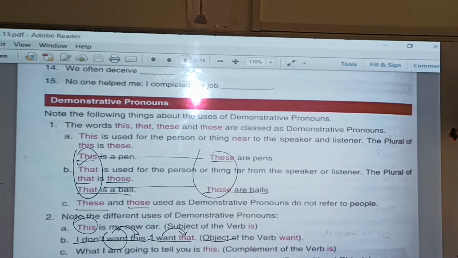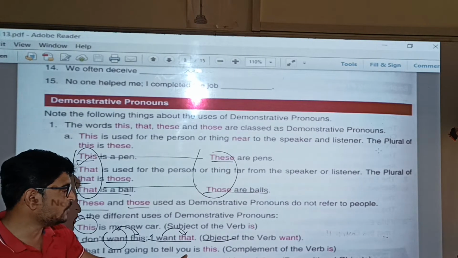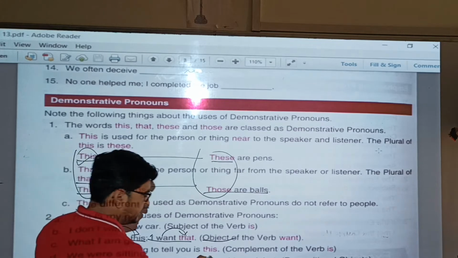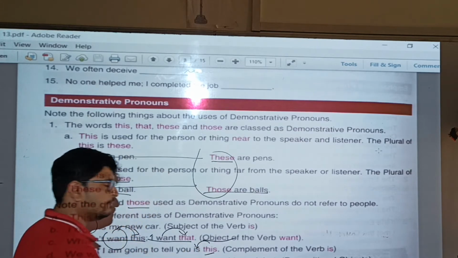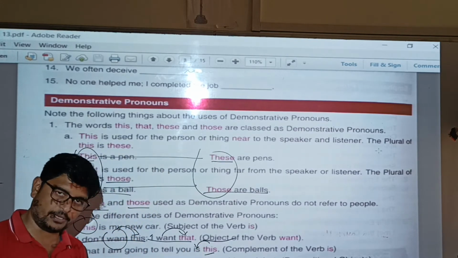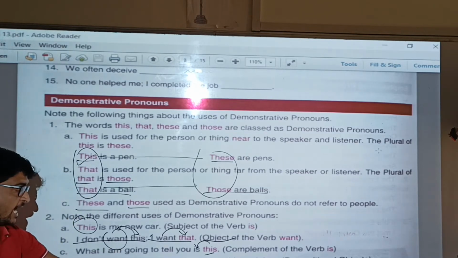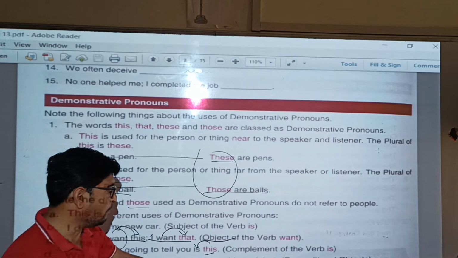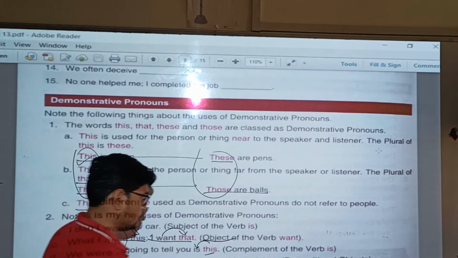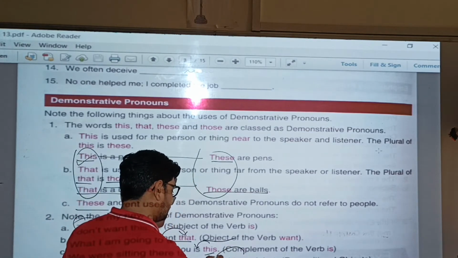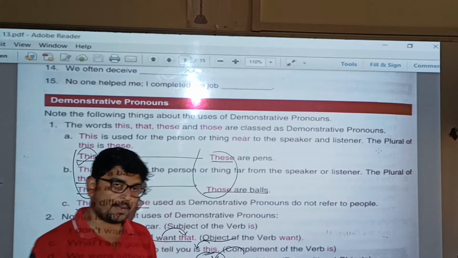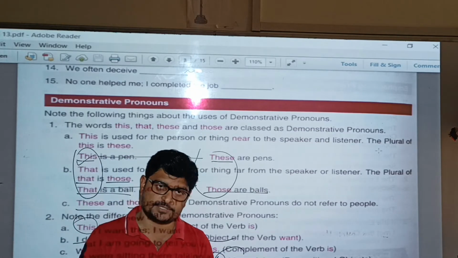Then object also. Then what I am going to tell you is this. So this is a complement of the verb is. Complement के लिए भी हम use कर सकते हैं. Then, we were sitting there talking about this and that. About is a preposition, so these are prepositional objects.